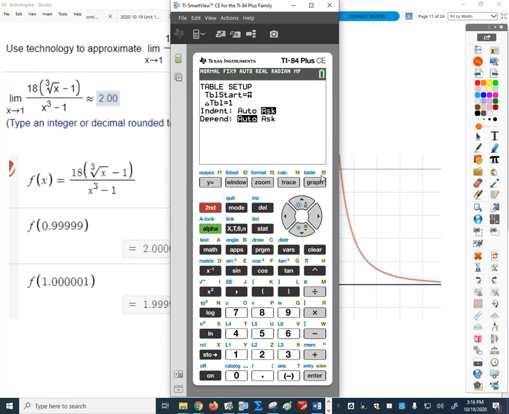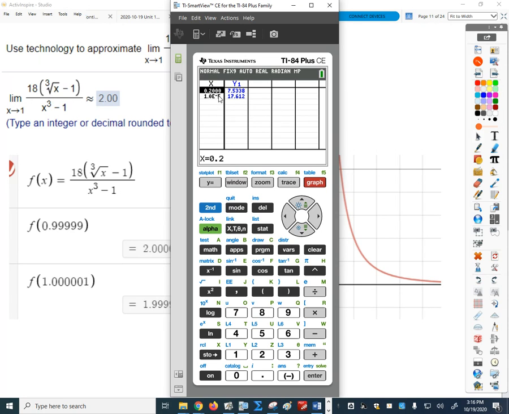So then if we go second table, I could plug in a value like 0.9999999 and hit enter, and it gives us to 2 decimal places 2.00. I could plug in 1.00001, and it also gives me 2. Okay, out to that many places. Either way we go, we get the same answer.